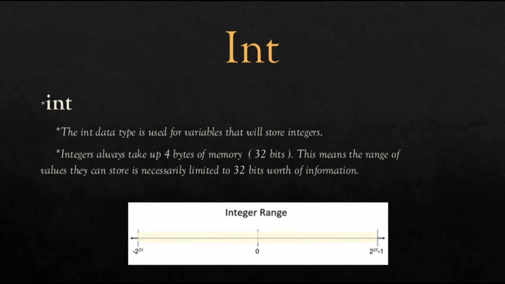So if you have numbers that you know will get higher than 2 billion but less than 4 billion, for example, which is 2 to the 32nd power, you might want to use an unsigned int if you know your value will never be negative.